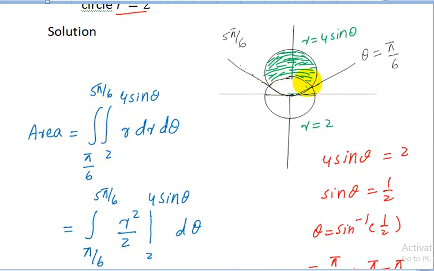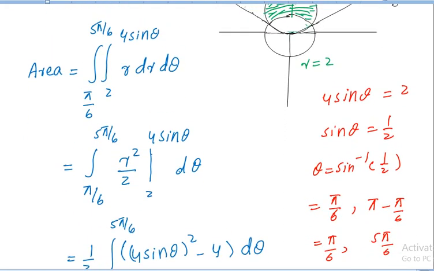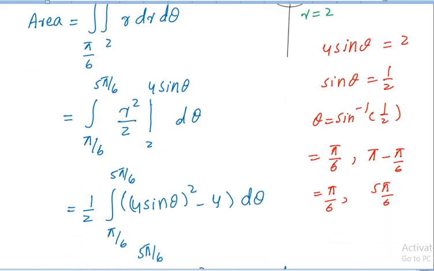The lower curve is r equal to 2, and the upper one is r equal to 4 sine theta. So now we just apply the double integral. First, integrating with respect to r, it becomes r squared upon 2, and in the next step it becomes 1 upon 2, and r varies from 2 to 4 sine theta.